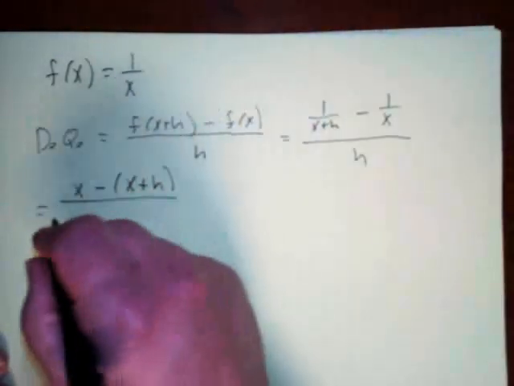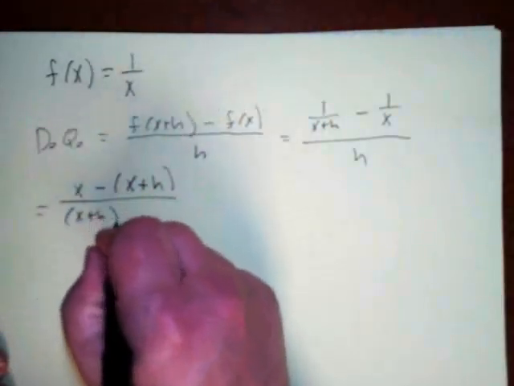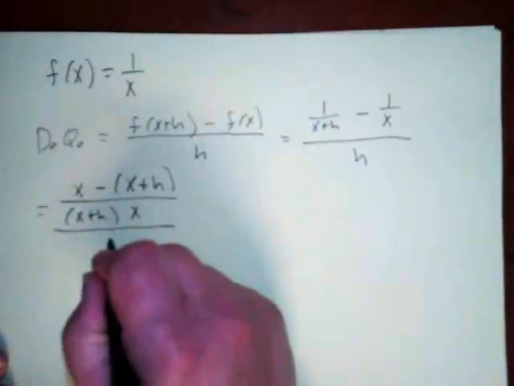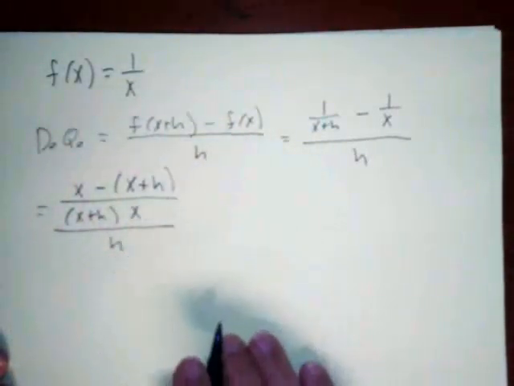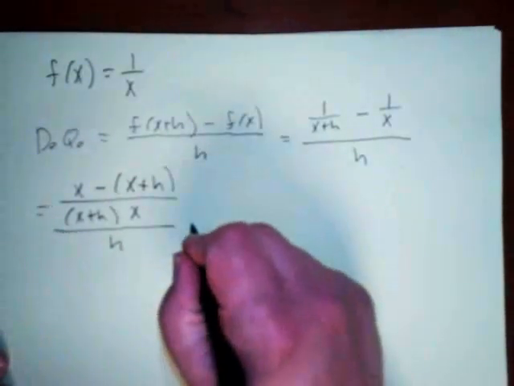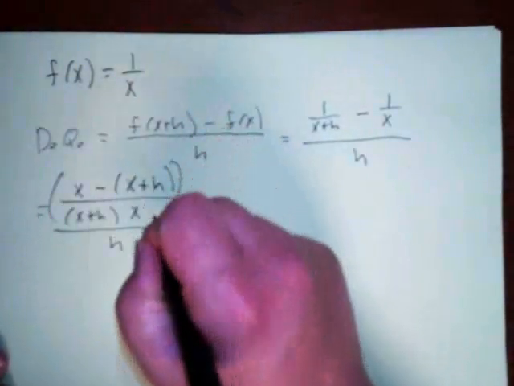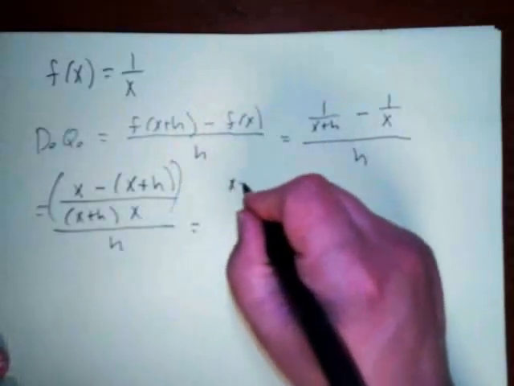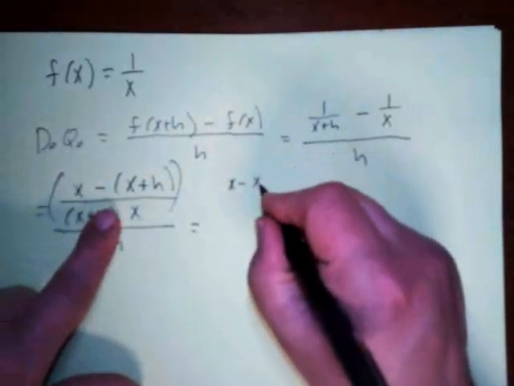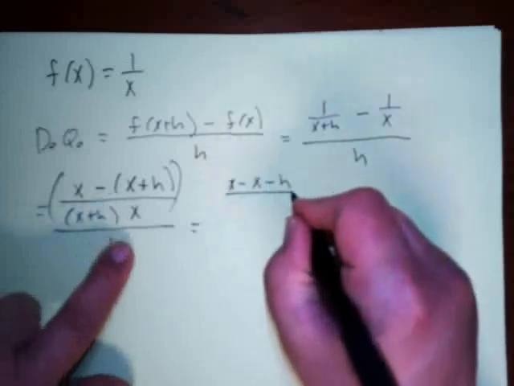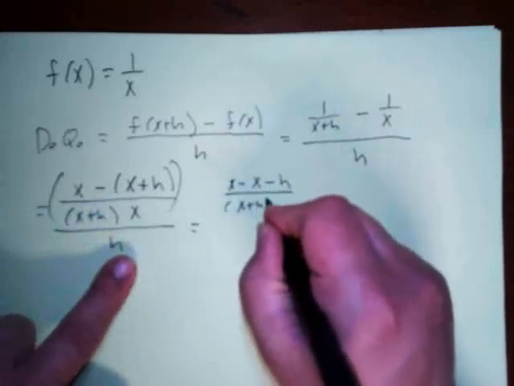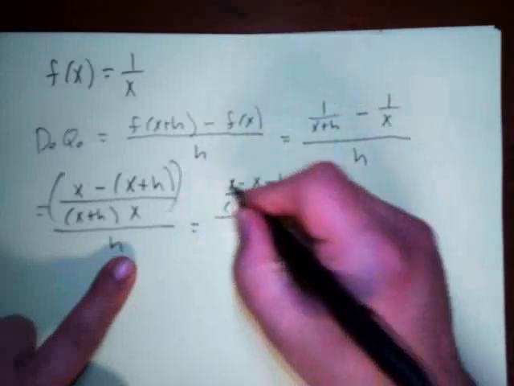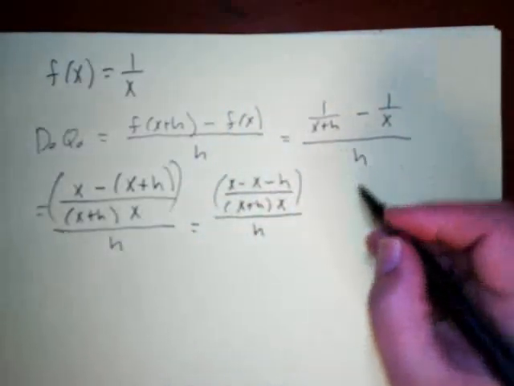And then it'll be x plus h times x, and then all of this is over h. Okay, and so this is on top. So now if I distribute that negative sign on top here, I get negative x minus h all over x plus h times x, all over h. It would look like that.